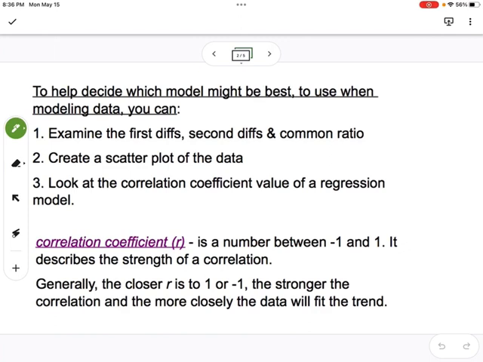Generally, the closer you are to 1 or -1, the stronger the correlation, and the more closely the data will fit the trend. So if it's exactly 1 or -1, the data will fit one of the models exactly. But if it's a number in between there, it's approaching being a good fit, but not exactly for all data points.